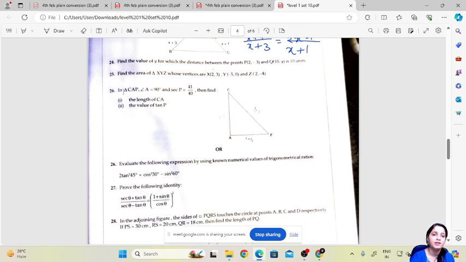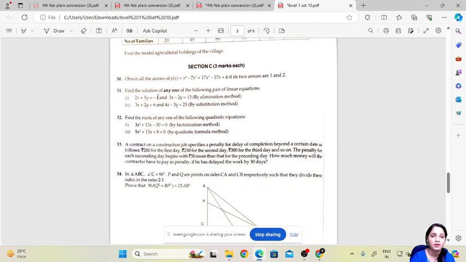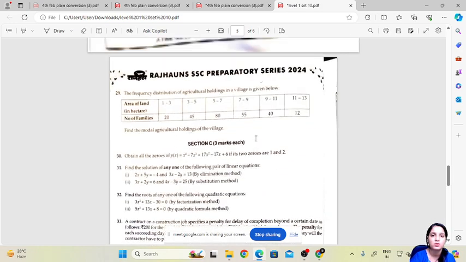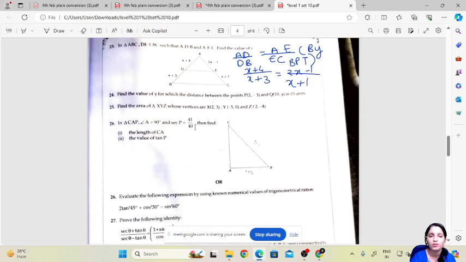Okay. In triangle CAP, angle A is 90 degree and sec P is 41 upon 40. Then find length of CA and the value of tan P. Okay.